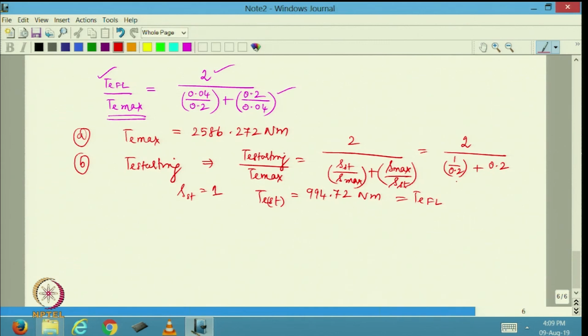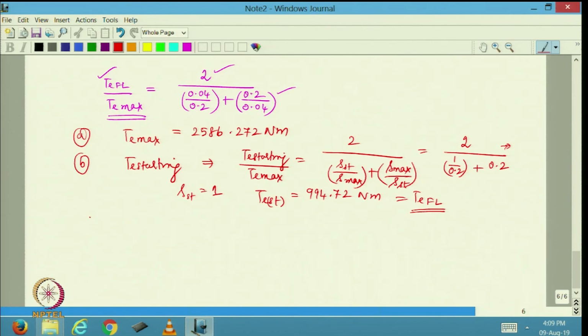Just check it. 1 by 0.2 will come out to be 5, so 5.2, and 2 divided by 5.2 is very much equivalent to that. So, that will be equal to 1 itself. That is why you are going to get essentially the full load torque and the starting torque to be equal. Just verify this once again anyway.